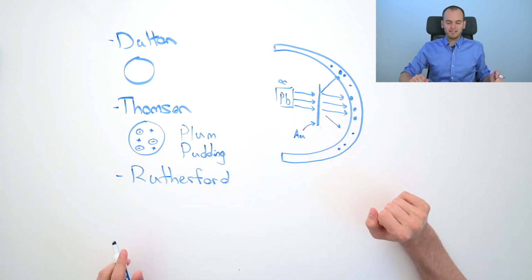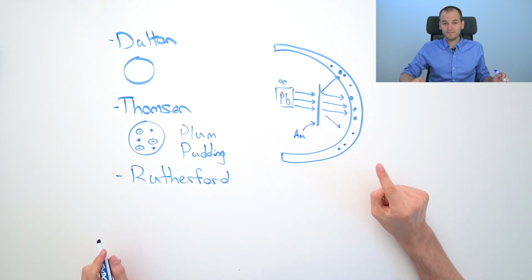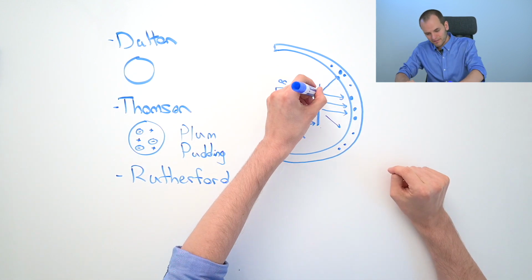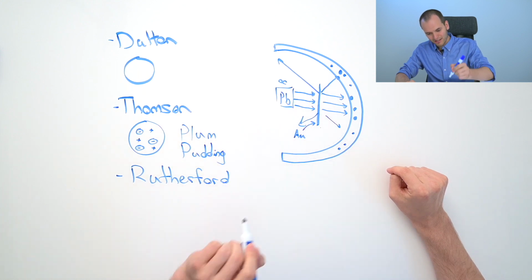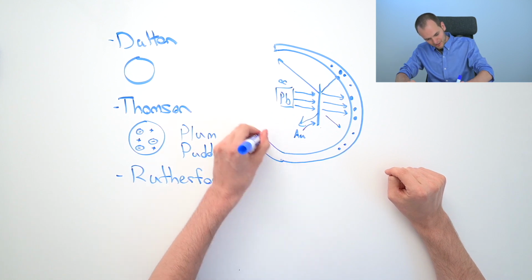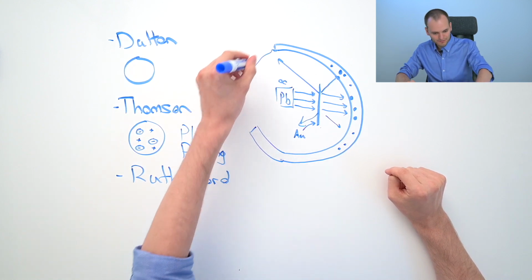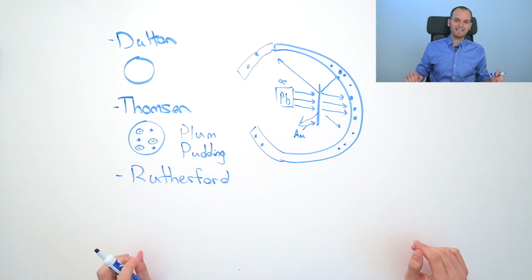Now this was puzzling, but not as puzzling as some of those alpha particles, or bullets, bouncing back away from the gold, back towards them. This detector strip actually went back further, I've elongated it here for you, and it bounced back and hit the detector.